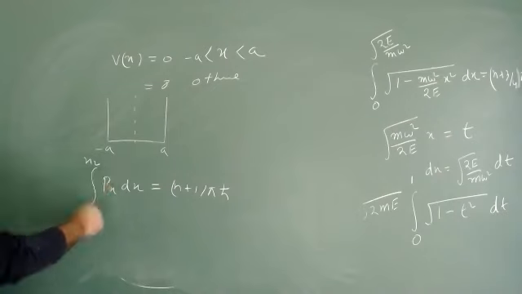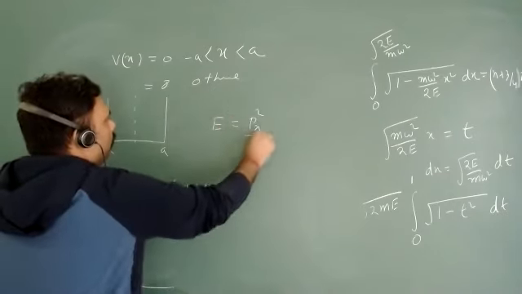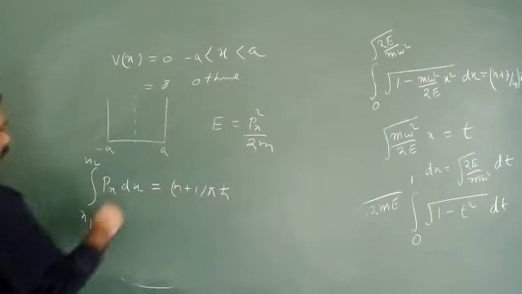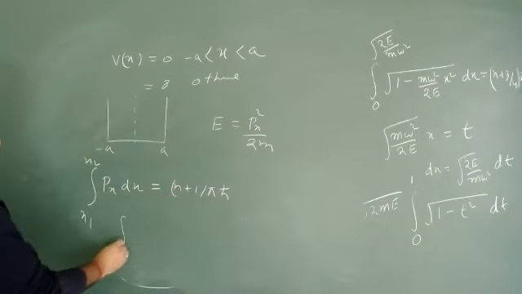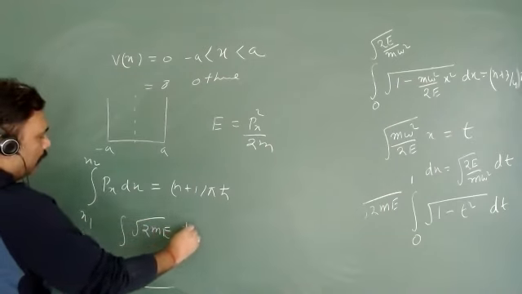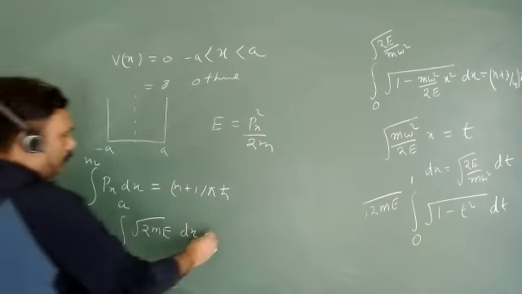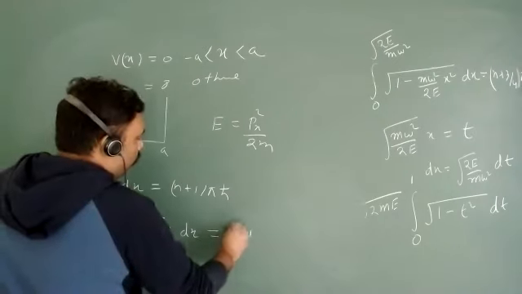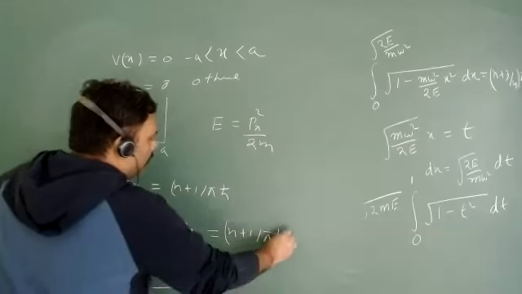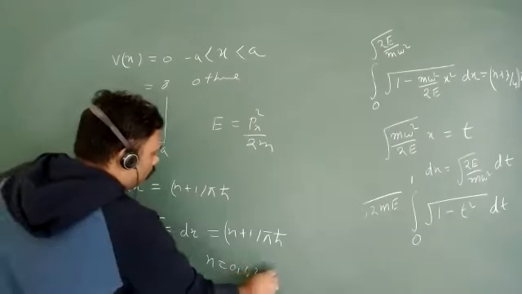What is p(x)? Energy is nothing but p(x) square upon 2m. So this is very simple. You have to just go for the integral of root under 2mE dx from minus a to plus a, and that value is (n plus 1) pi h cut. And obviously n is equal to 0, 1, 2, 3.